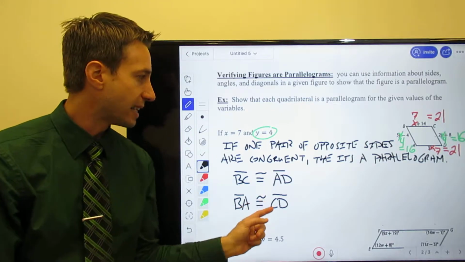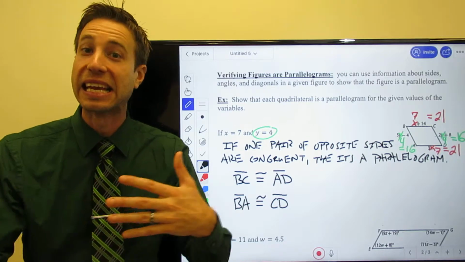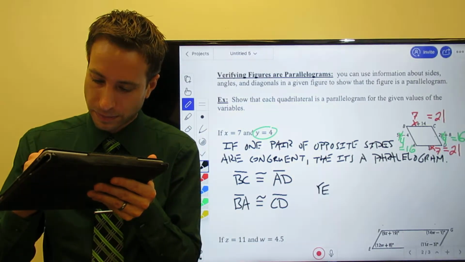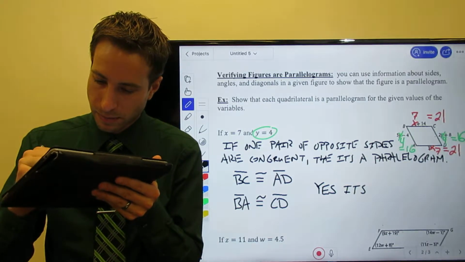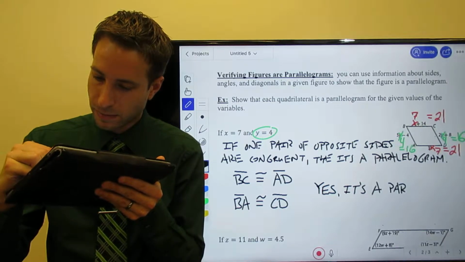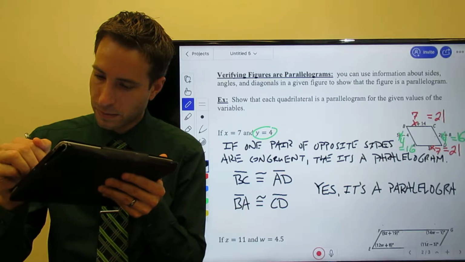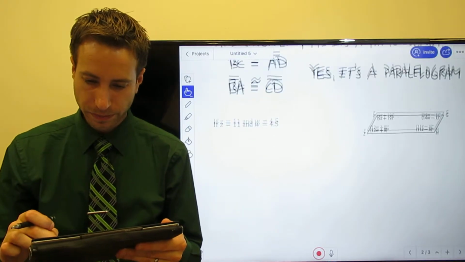Either way, whether you plug in X or Y, you get the same answer: yes, this is a parallelogram.